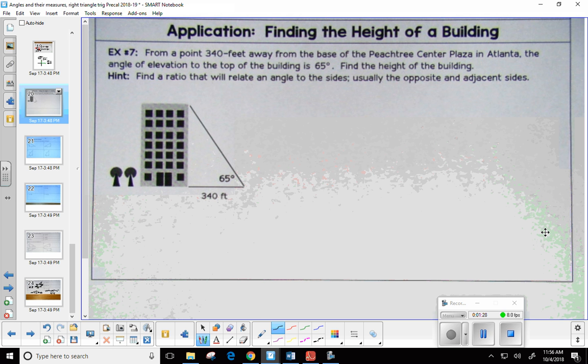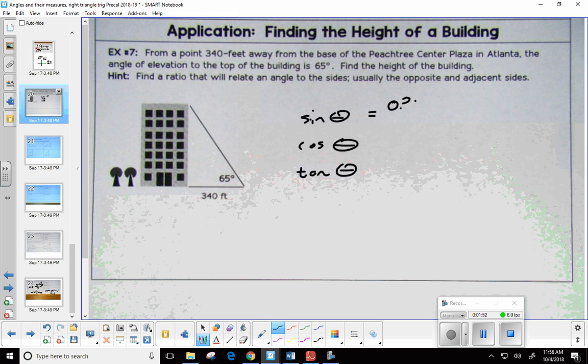We already are familiar with sine, cosine, and what's the last one? For SOHCAHTOA. Tangent, there we go. Tangent theta. So what side lengths am I going to use for sine? It's what over what? Opposite over the hypotenuse.